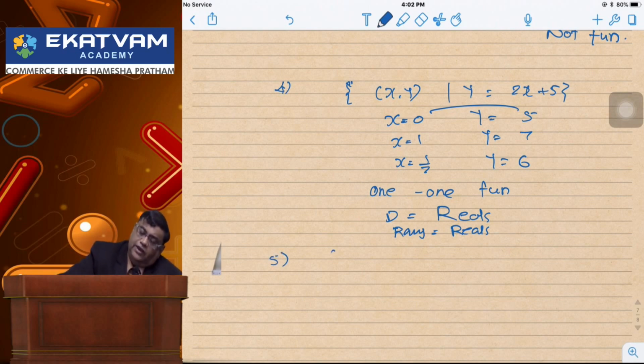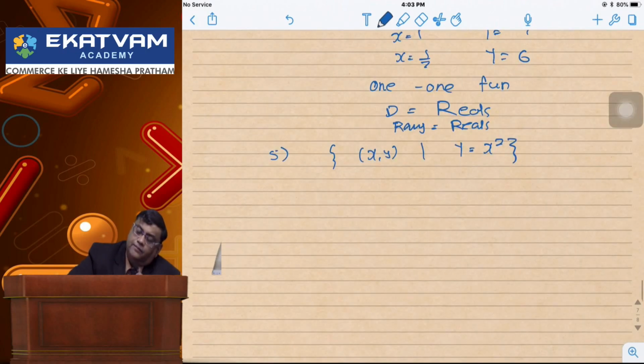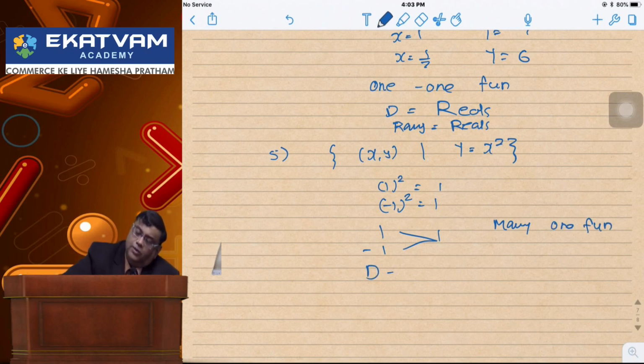But if I say that this is x, y such that y equals x square, what would you say? The square of 1 is 1 and the square of -1 is also 1, so 1 and -1 are both related to 1. So this is a many-one function. But what would you say? What is the domain?